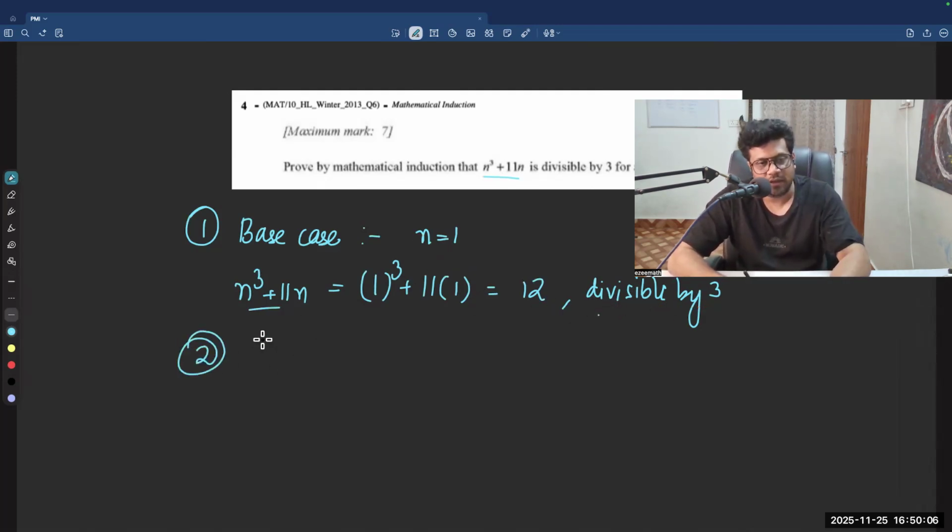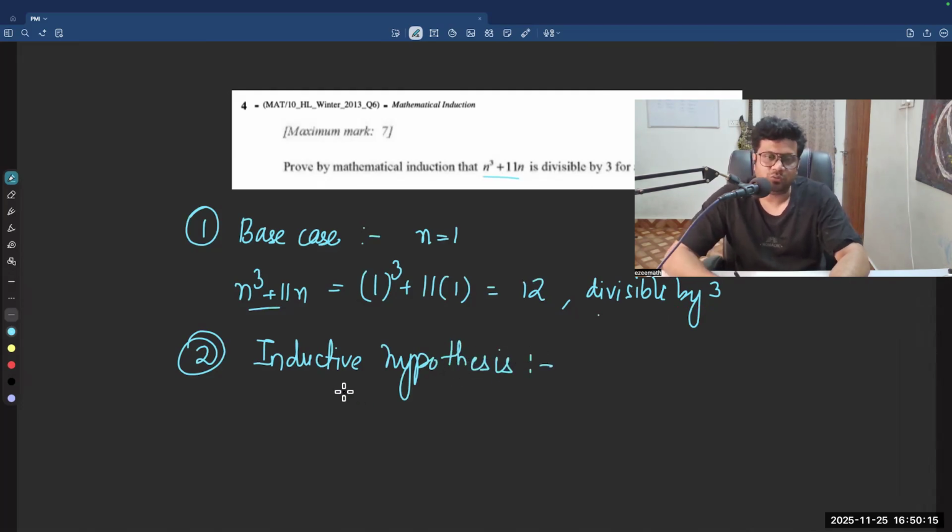There, done. So proving that this is divisible by 3 when n is 1 is the first step we do. Second step, it's known as the inductive hypothesis. This is where we assume that the expression is divisible by 3 for n equal to k.